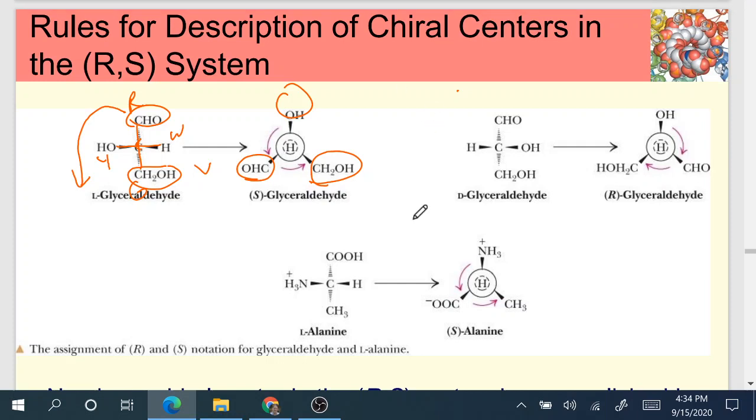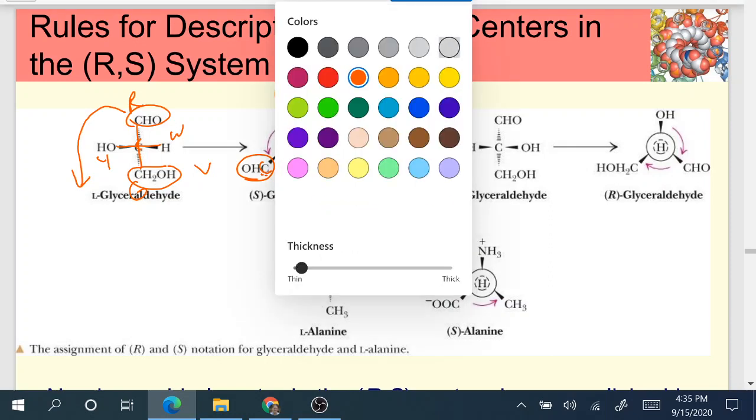So in this case, what's attached to our chiral carbon? We've got oxygen, carbon, carbon. So oxygen is going to be priority number 1. Then we've got a tiebreaker between the carbon and carbon. Both of these carbons are connected to an oxygen, but remember an aldehyde group looks like this. In fact, I'm going to draw this.